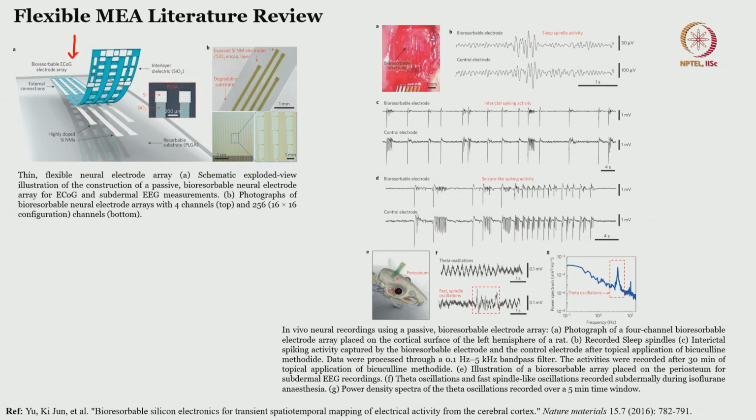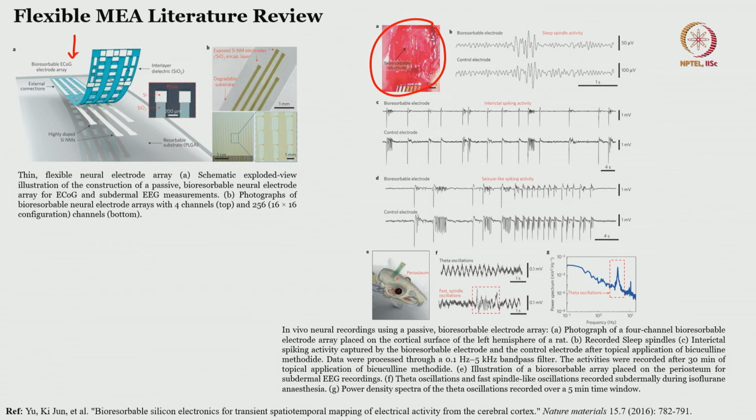You can have a degradable, bioresorbable substrate and measure ECoG, with 4 and 256 channels at the bottom. The point is that people have already attempted such devices, and not just attempted, but also placed them on a rat brain, as you can see here, and acquired the signals.